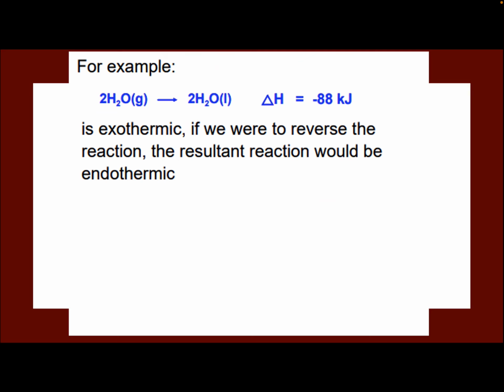So if we were to reverse this, the H2O, which is our gas, would be reversed to H2O, which is a liquid. That means our change in enthalpy is going to be 88 kJ, okay? Because we're reversing it, it's now positive. It's not negative anymore, okay? So that is what happens when we reverse our reaction.